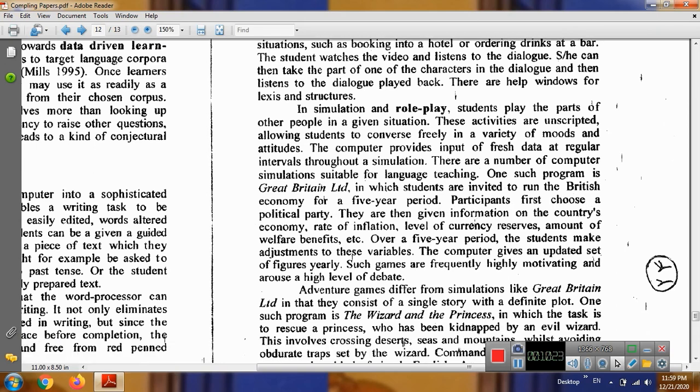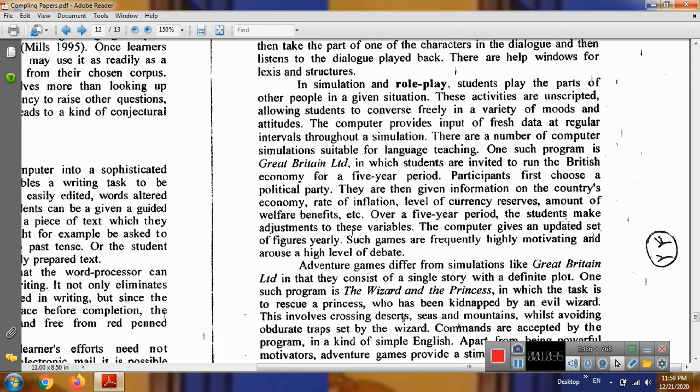They are then given information on a country's economy, rate of inflation, level of currency reserves, amount of welfare benefits, etc. Over the 5-year period, the students make adjustments to these variables. The computer gives an updated set of figures yearly. Such games are frequently highly motivating and arouse a high level of debate.